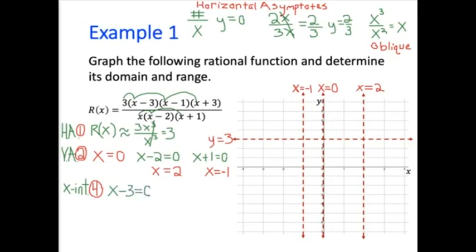Well, I would just add 3 to both sides, and I would get x equals 3. So our x-intercept is the point (3, 0). Remember, for x-intercepts, the y value is always 0.